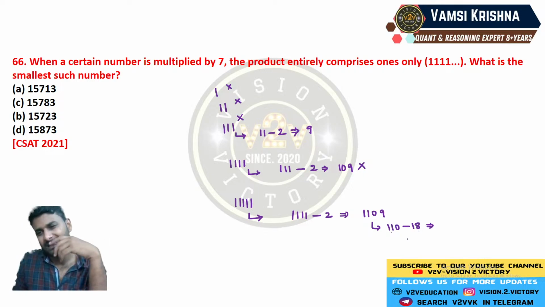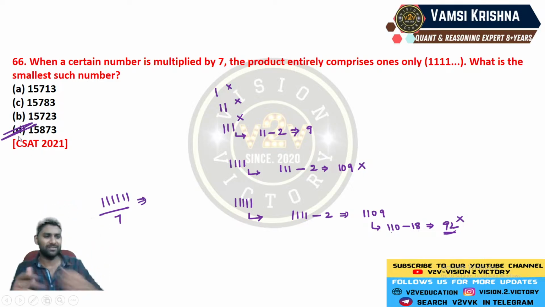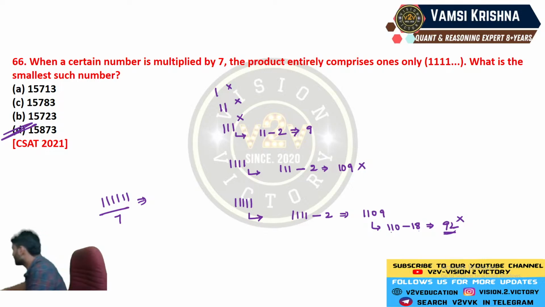So 110 minus 10 is equal to 100. 100 minus 8 is equal to 92. 92 is also not divisible. So the final answer is 6 ones. 6 ones is divisible by 7. Here the result must be 15873. Otherwise, directly multiply each number by 7, and whatever result you get as 1111, that's your option. There are two different approaches for this question. Either you can verify with the 111 case or you should go with option verification.